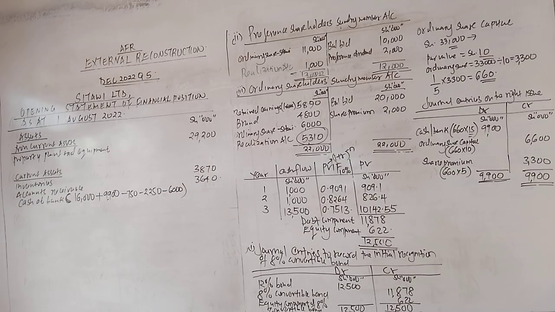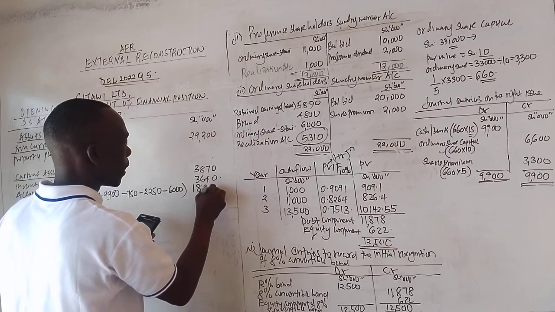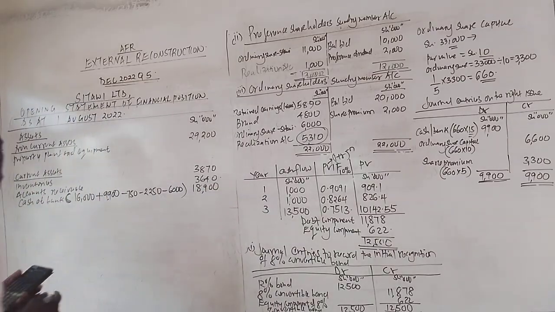So how much was remaining? Let us see whether we have a cash balance or a bank overdraft. So this will be 16,000 plus 9,900, less 750, less 2,250, less 6,000. So we are having 18,900.